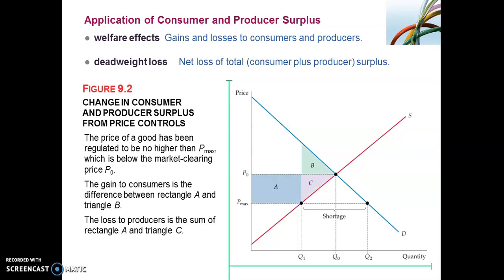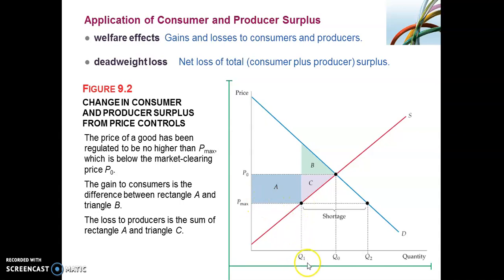Because of this maximum price, production and sales are now at Q1. Some consumers are better off because they are getting this lower price, but other consumers are forced out of the market because the quantity supplied is only Q1, so they lose out. Prior to this maximum price, the consumer surplus would have been this area. Now, block A is transferred from producer surplus to consumer surplus, because these consumers get the product at a lower price.